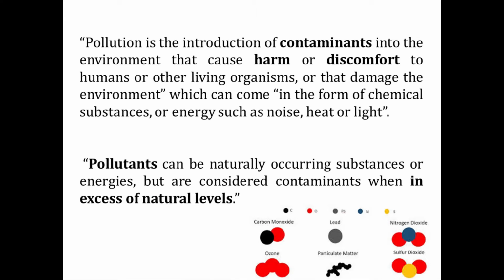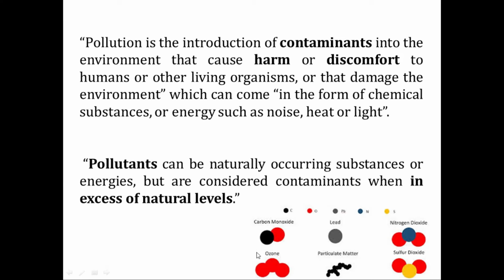Especially when you look at environmental pollution, the contaminants are important because they cause harm or discomfort to humans and other living organisms. These pollutants can be naturally occurring substances or energies but are considered contaminants when in excess of natural levels.